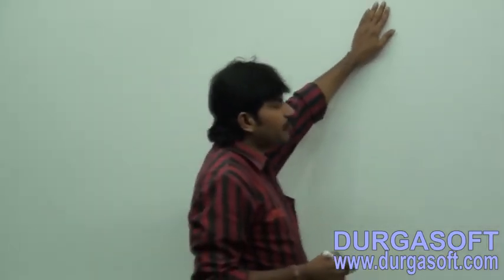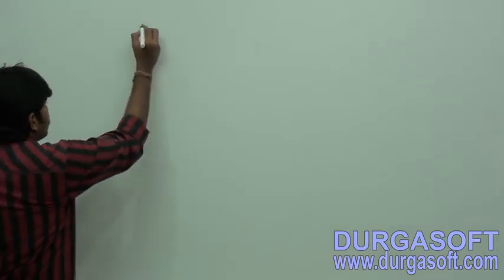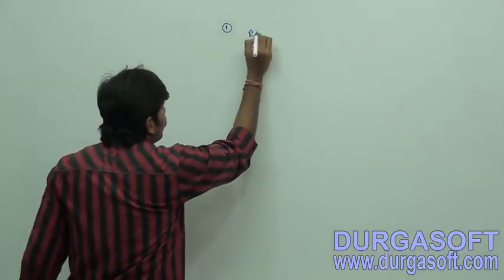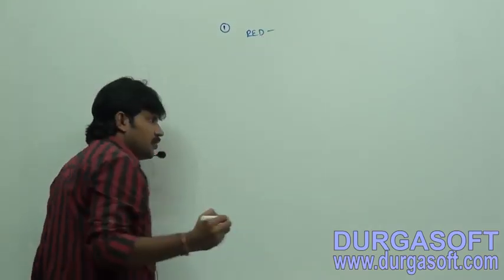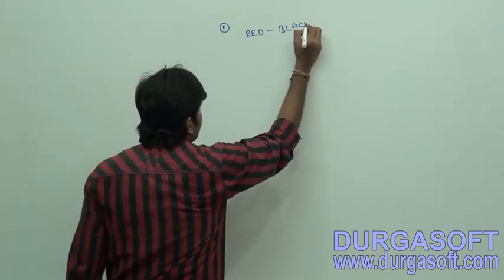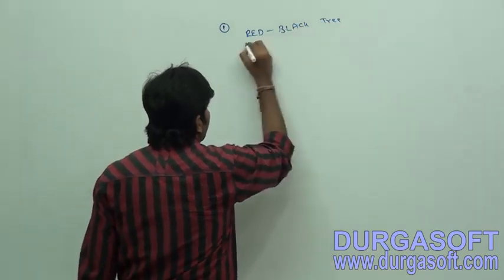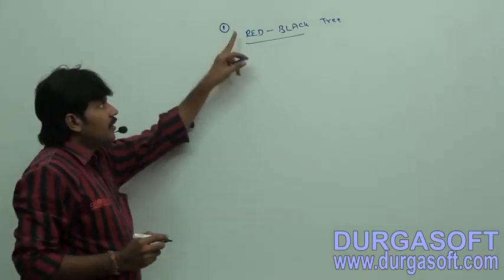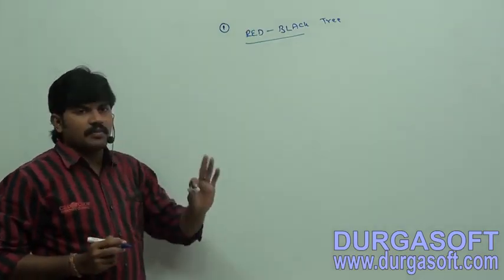Can you tell what is the underlying data structure for a tree map? Red black tree. The underlying data structure for tree map is nothing but red black tree.